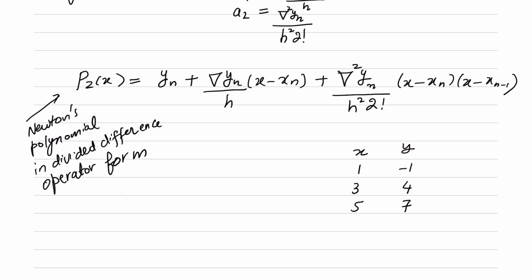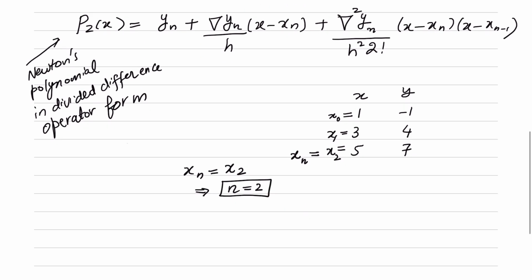So we have data here, x values 1, 3, 5 and y values minus 1, 4, 7. If we name this data, this is x0, x1 and x2. In the backward differences method, you call the last x as xn, so we are going to call x2 as xn. When we have xn equal to x2, the subscripts should be the same, so n should be 2.